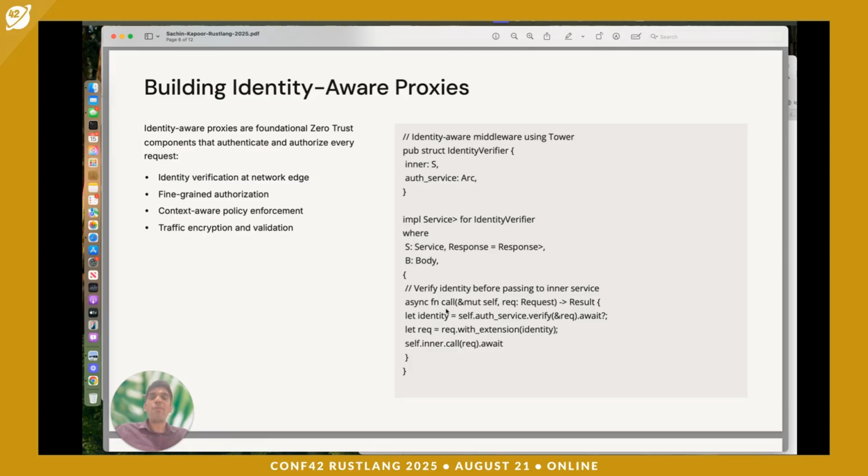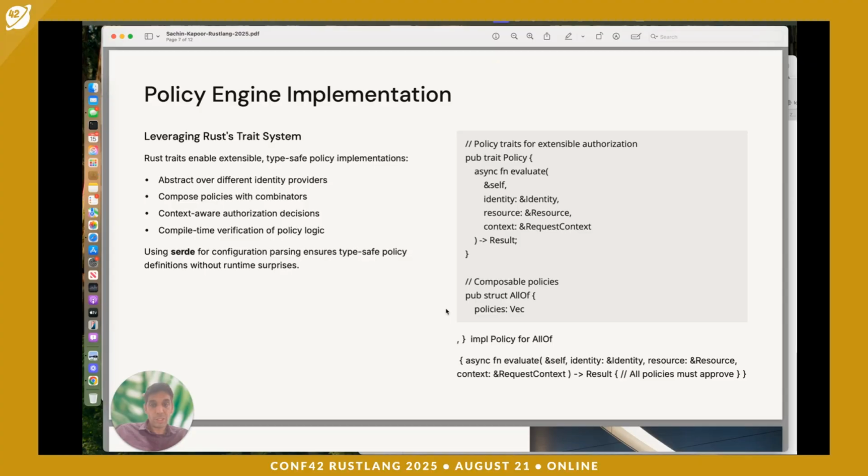Rust provides a perfect ecosystem for such an architecture implementation, with components like Tower as a middleware choice. Also, Rust's trait system is a perfect choice for type-safe policy implementation, which also enables compile time verification of policy logic, providing very high security assurance for policy checks. And the best part is there are no runtime surprises.